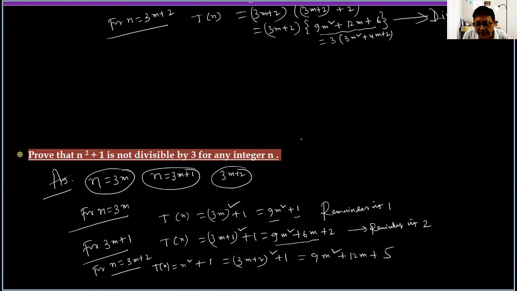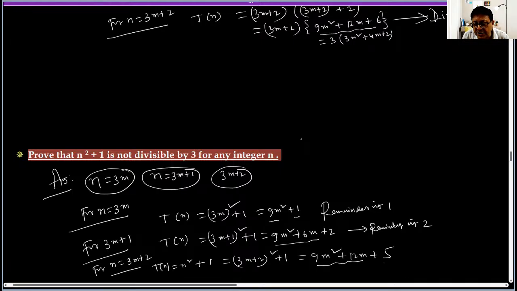See, again this part is divisible by 3, but this one leaves remainder equal to 2. So this is also not divisible by 3. You take any integer n, this n square plus 1 is never divisible by 3. Understood?